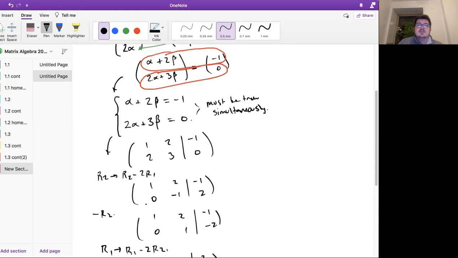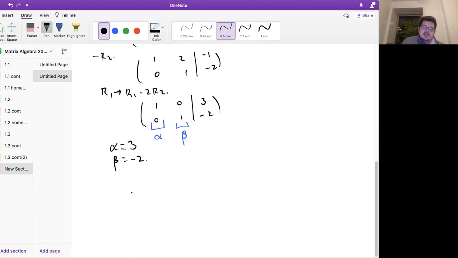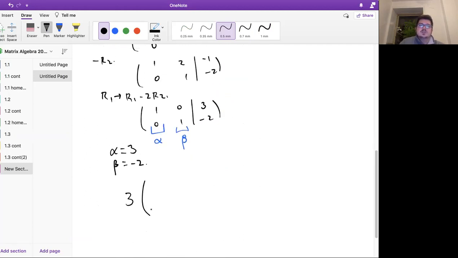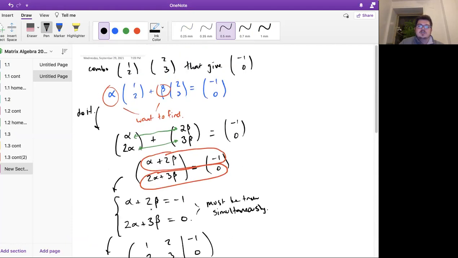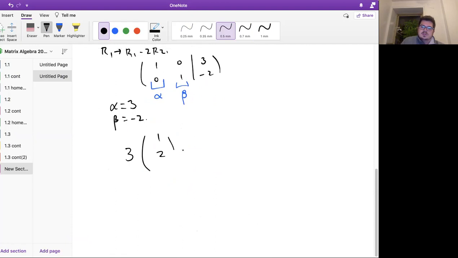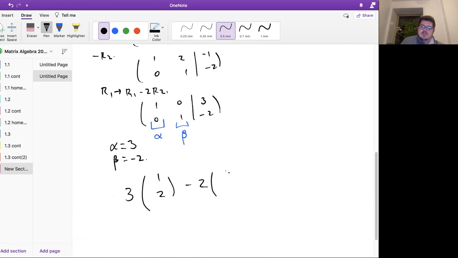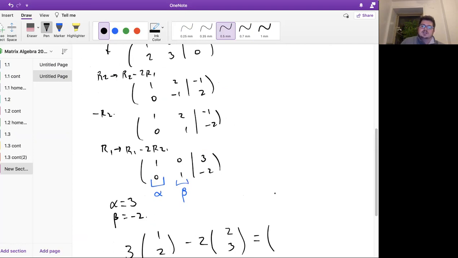So what does this mean? So we just used algebra to find out that 3 times our original thing in front of alpha, (1, 2), minus 2 times whatever we had for beta, (2, 3), is equal to (-1, 0).